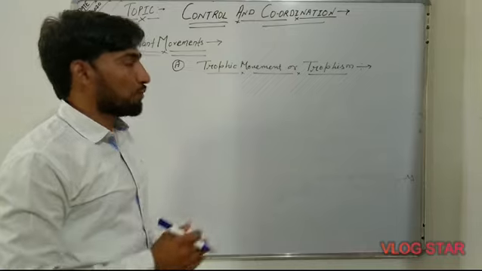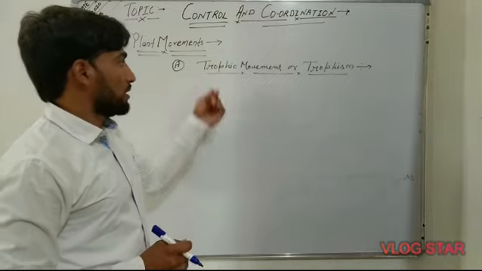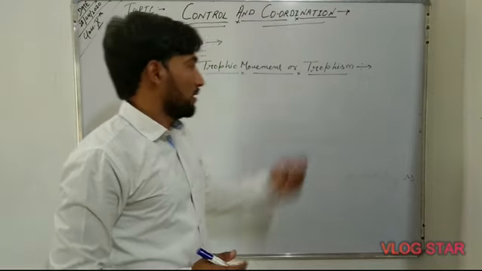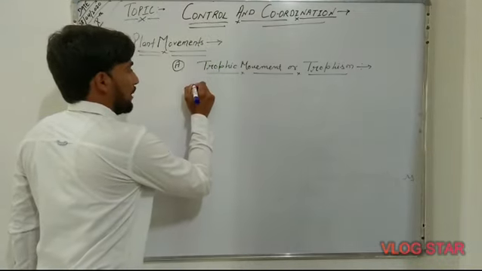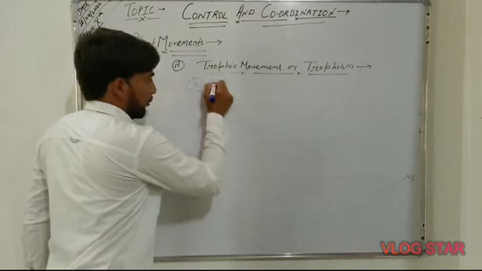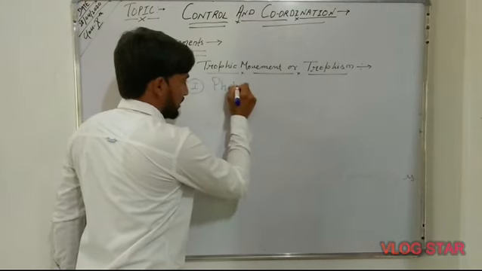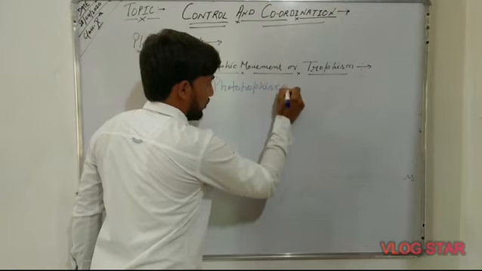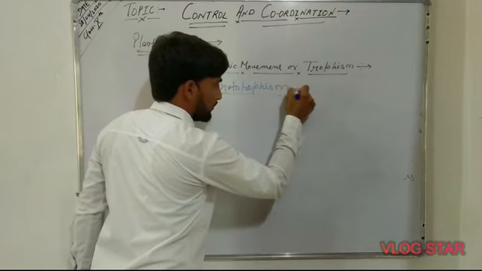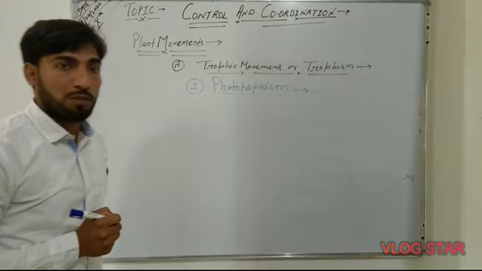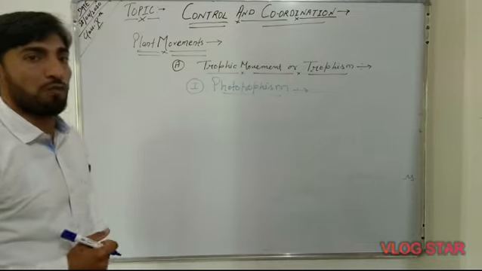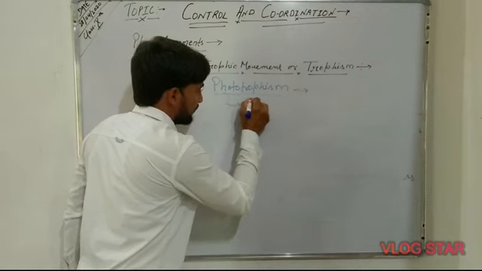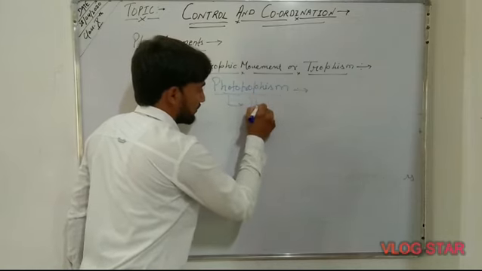Now on the basis of the type of stimulus, tropic movements have been divided into different types, and the first type is phototropism. So what is phototropism? Phototropism is the movement or response of a plant part or plant organ in response to light stimulus.